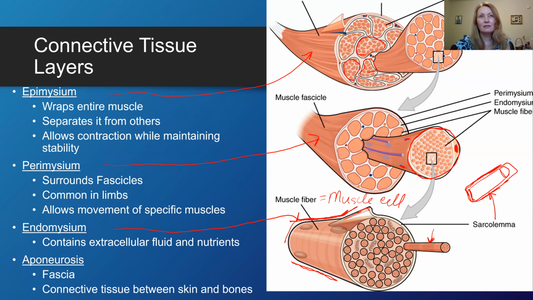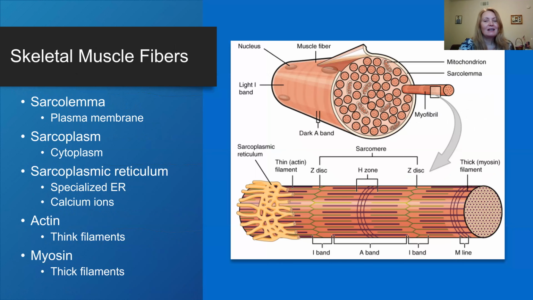So that is the point of insertion for muscles. When muscles insert to the structure that they will move, they insert by tendons or by aponeurosis. So both tendons and aponeurosis are connective tissue that connects your muscles to the bones. Okay, so now let's look inside an individual muscle cell.